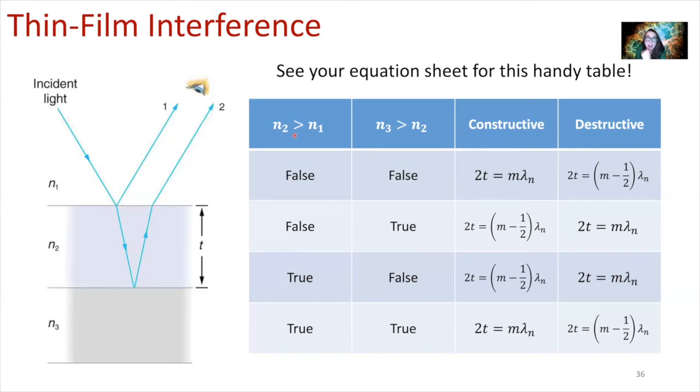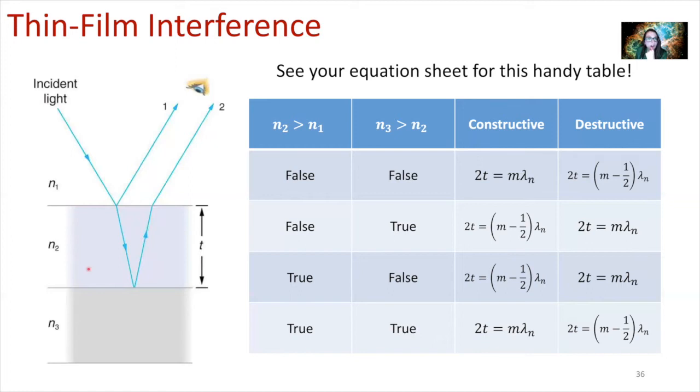So if N2 is greater than N1, index of refraction of your thin film is greater than the material that the light moves through first, that's your incident material. If the light is incident inside a material, that's the material that your wavelength of light goes through first. Okay, so our wavelength of light is coming through a material with index of refraction of N1 here. So that's our incident index of refraction.